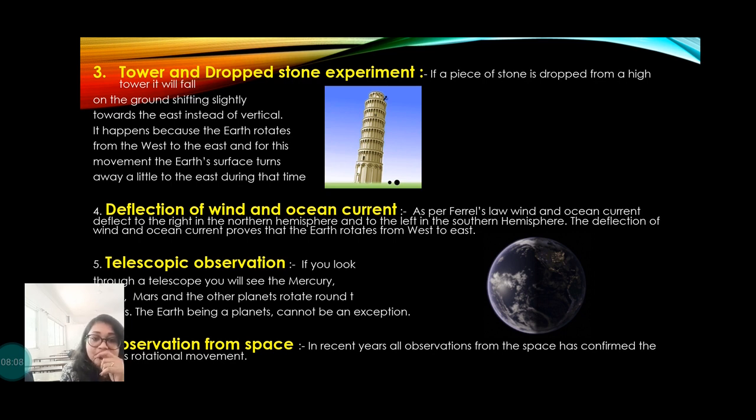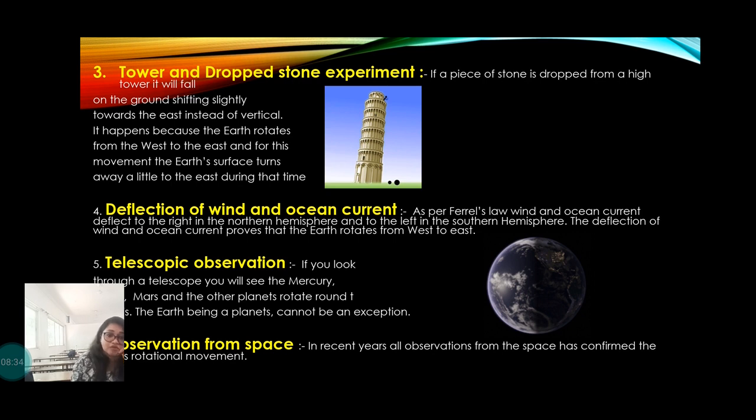Now the next one, the telescope observations. In these observations we can see that all the other planets move around the sun. So of course the earth will not be exceptional. By the telescope we see Mercury, Mars and the other planets rotating.